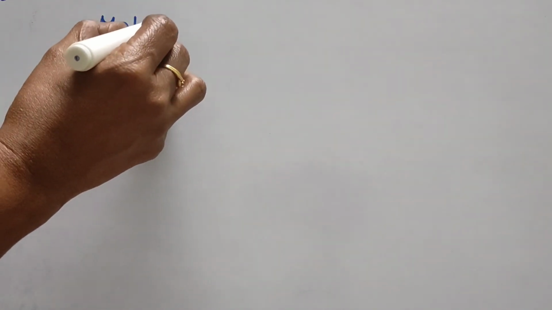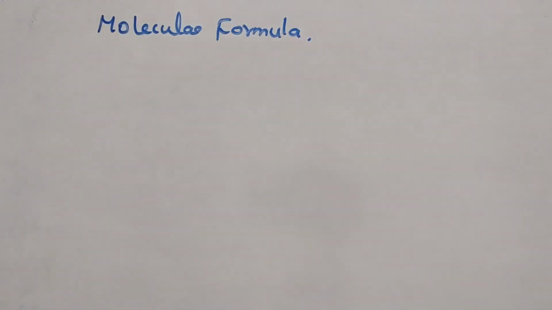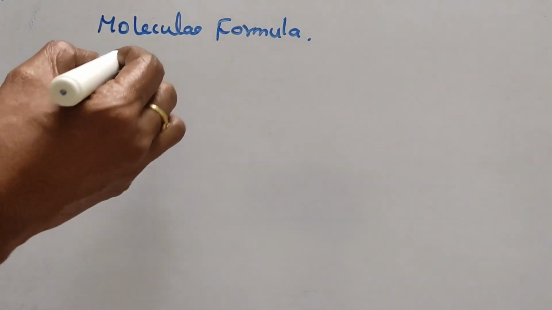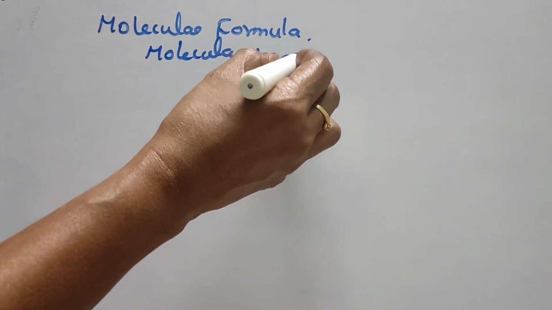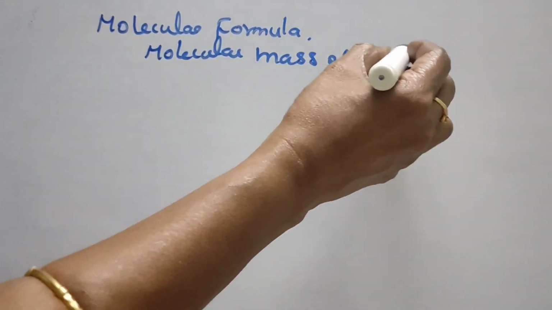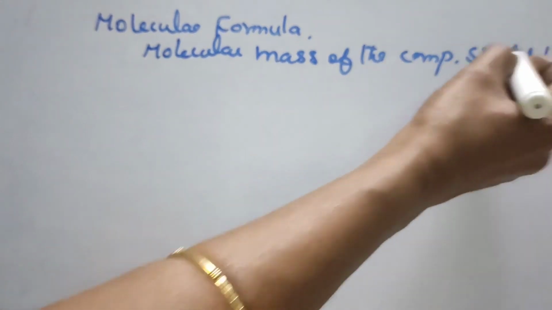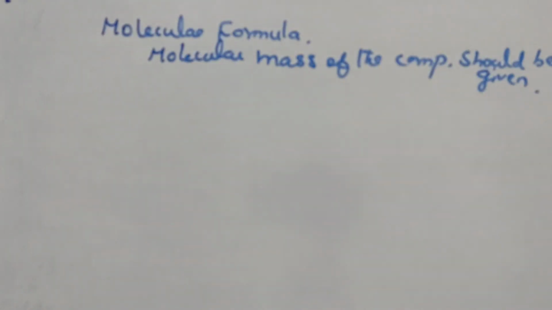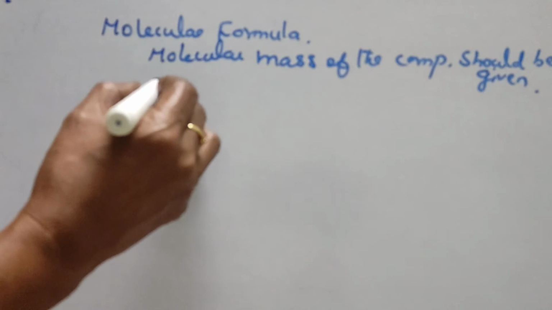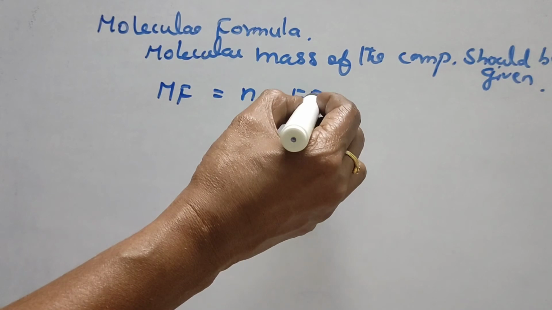Then we will see how to find the molecular formula. To find the molecular formula, one more value is needed, that is the molecular mass. The molecular mass of the compound should be given, and only then can we find the molecular formula from the empirical formula. We have seen this formula: molecular formula equals N into empirical formula.